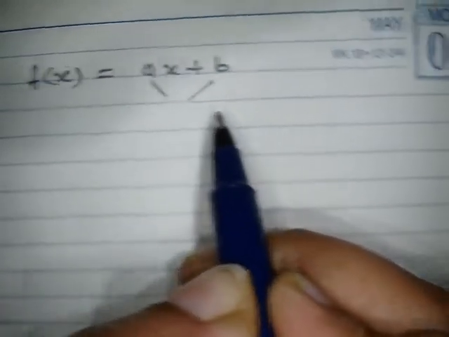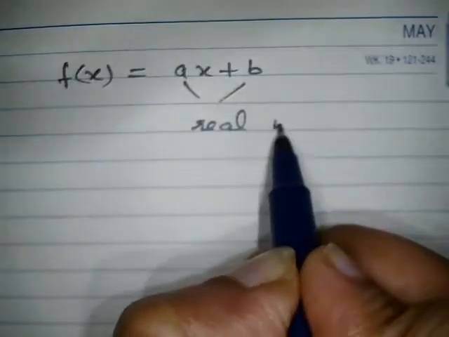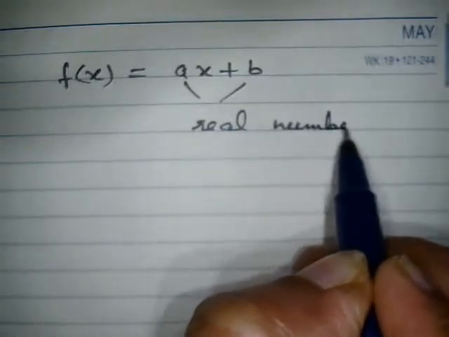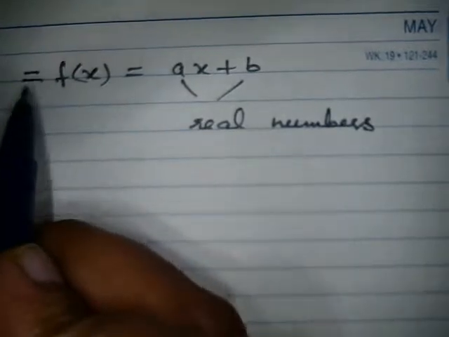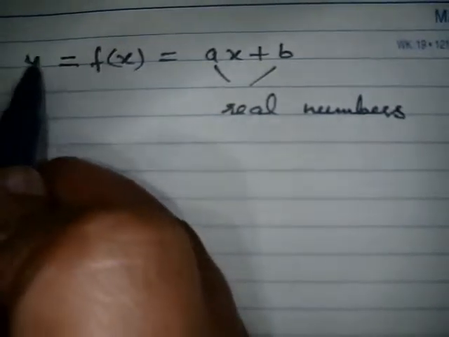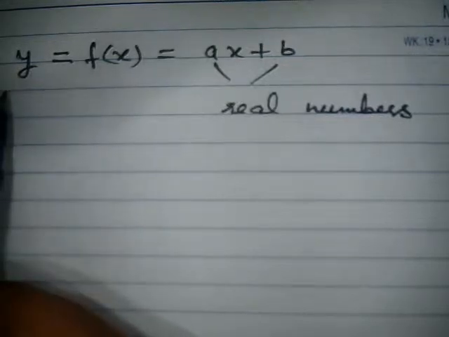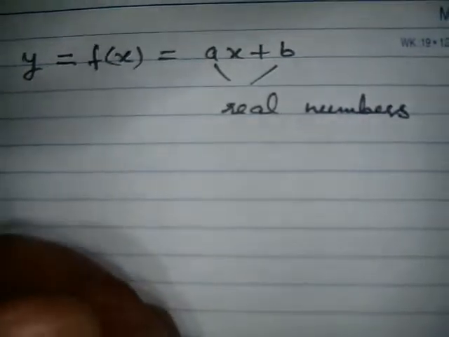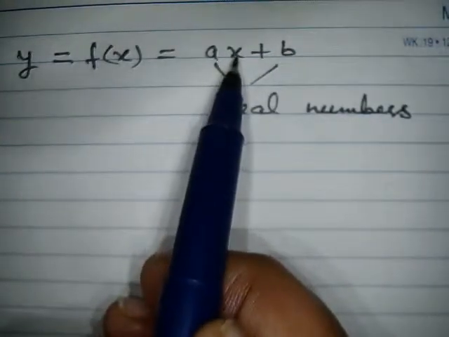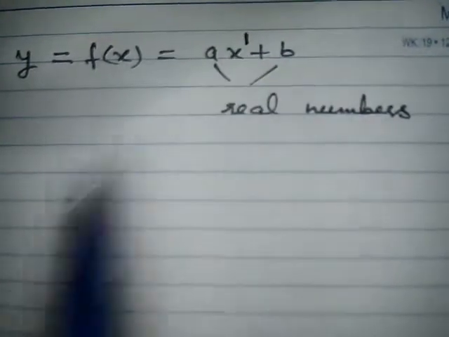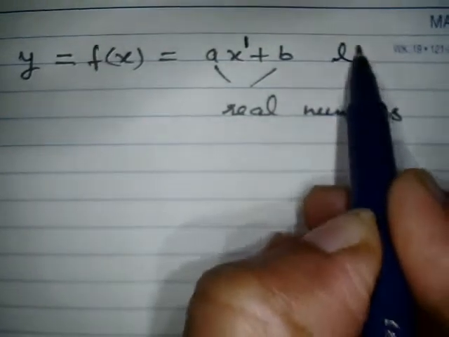And suppose we assume y in place of f of x, you can see y. For example, if I write y, this is linear, because here the variable x is involved and x's highest power is 1, so that's a linear function.